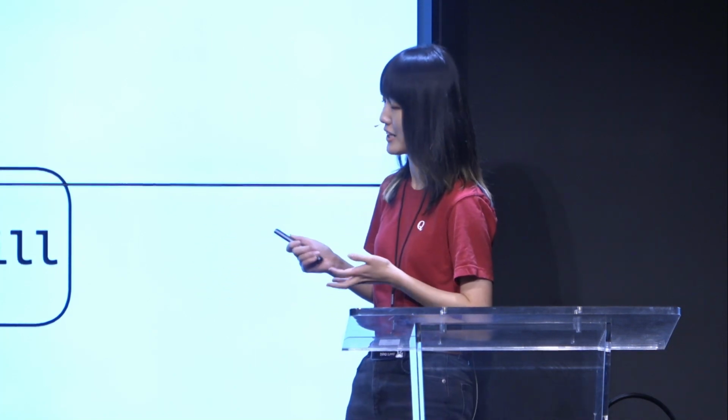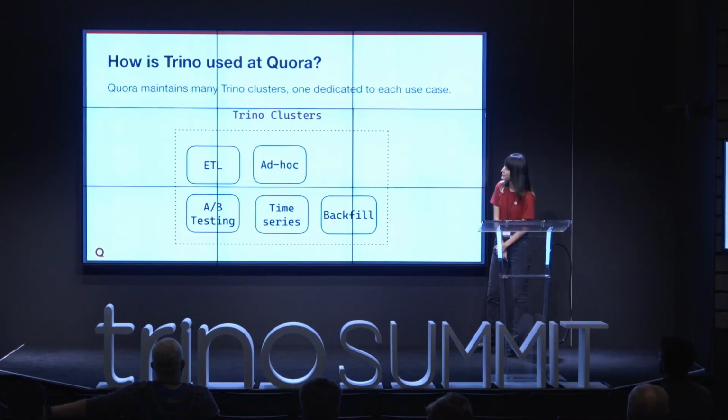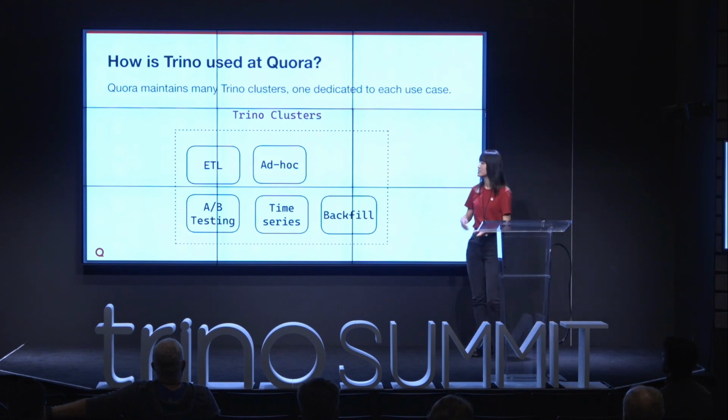So it could be really heavy, and they can submit a backfill job anytime. Quora maintains many Trino clusters, with at least one dedicated to each use case. For example, we have ETL Trino clusters, an ad hoc Trino cluster, an A/B testing Trino cluster, and so on.